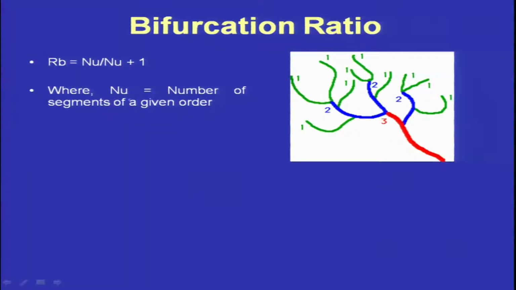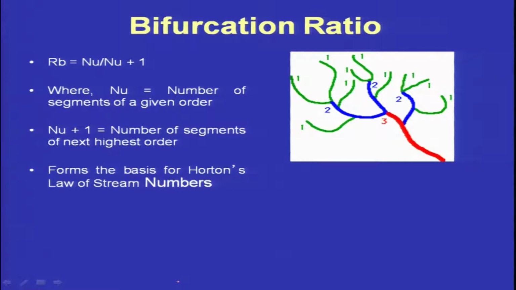Nu is the number of segments of a given order. So, if you have a given order 1, then you will have that number, and Nu plus 1 is the number of segments of the next higher stream order. Okay. So, you are looking at the ratio between those.